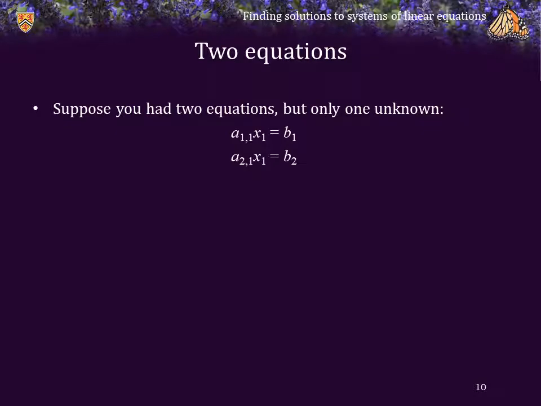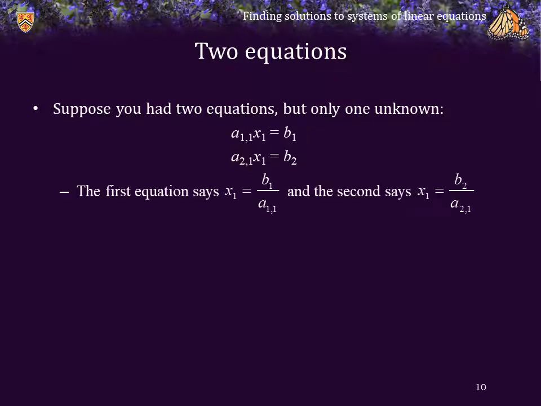Now, suppose you had two equations but only one unknown x1. Let us assume again that the coefficients a sub 1,1 and a sub 2,1 are non-zero. The first equation says that x1 is equal to b1 over a1,1, while the second says that x1 is equal to b2 over a2,1.